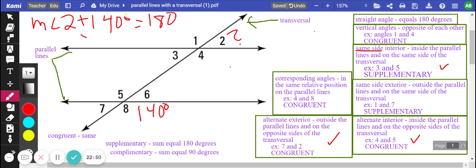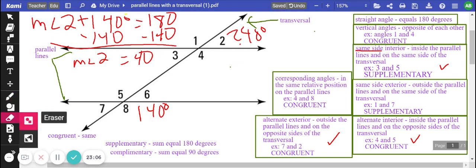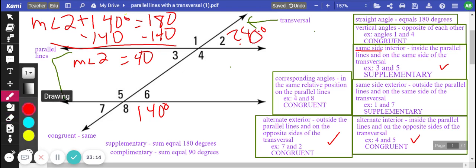You can subtract 140 from both sides. And the measure of angle 2 equals 40 degrees. And that tells us same side exterior. They are supplementary.